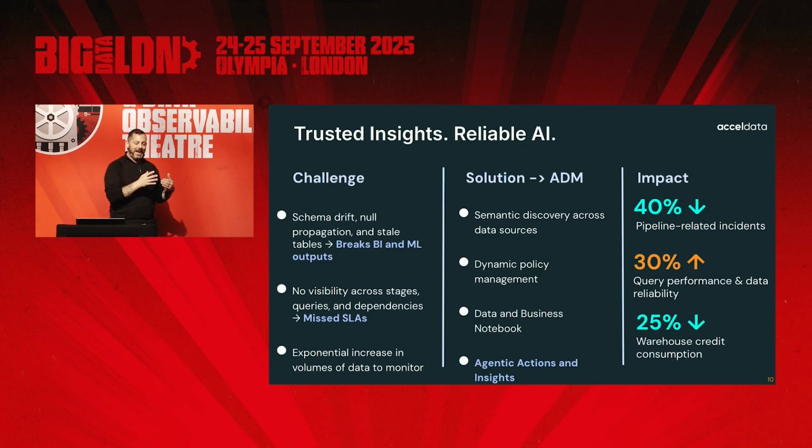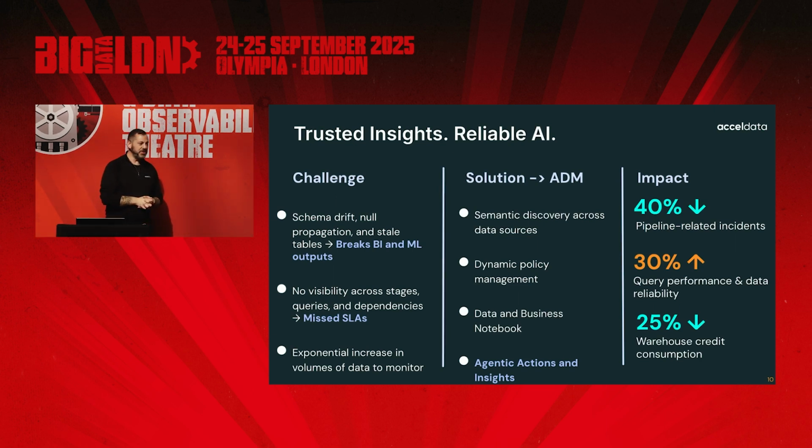But when that happens, if there is a drift in schema when those change, when there is data that's missing because of a faulty ETL process, if it's propagated with nulls that weren't supposed to be there, whatever that problem is, the eventual output is that it breaks BI or ML models. It feeds garbage data into whatever your AI systems are expecting to receive.